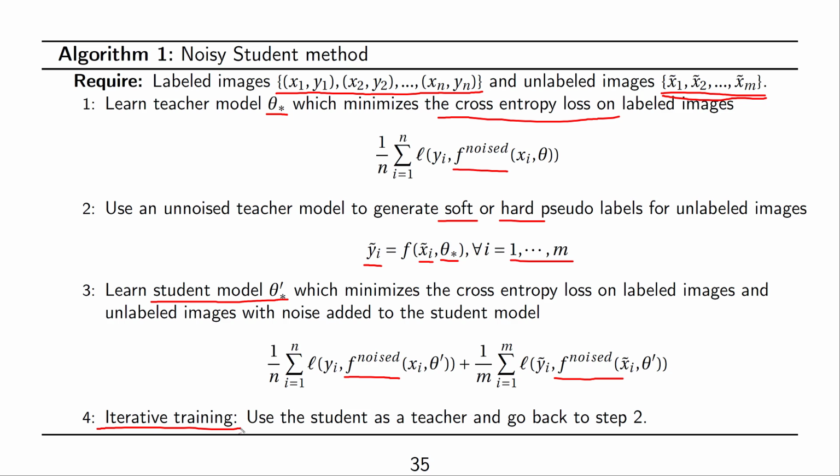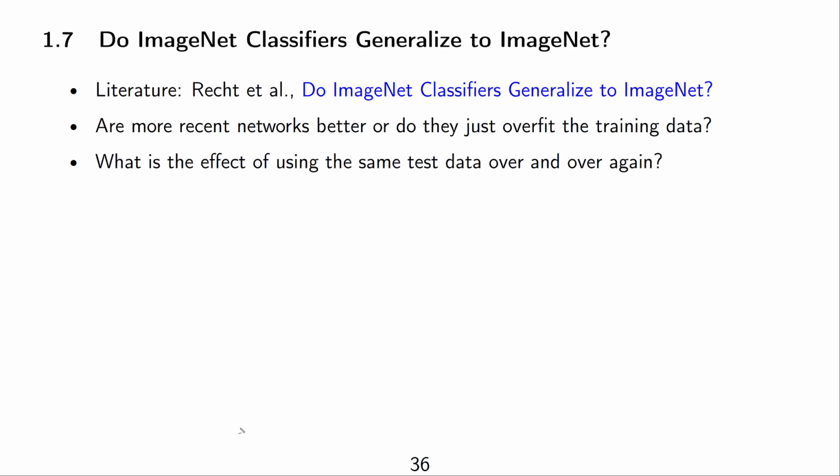We're going to train again a student model, then it becomes the teacher model, predicts hard or soft pseudo-labels, and then again there will be a student model trying to emulate the soft and hard pseudo-labels. But the trick again is always that for the prediction in step 2, the noise is not used, and for the training, learning in step 3, the noise is being used.